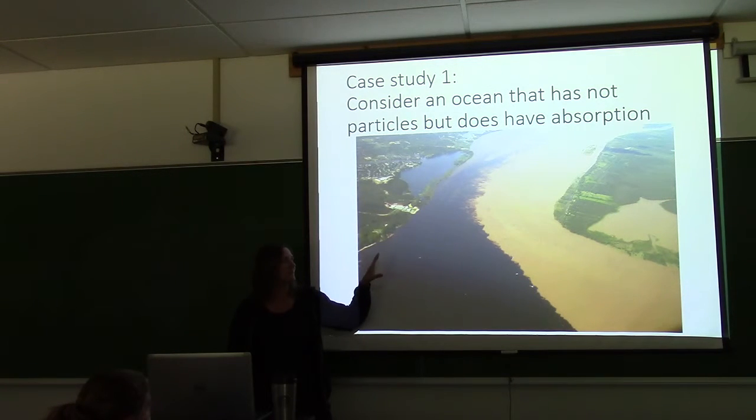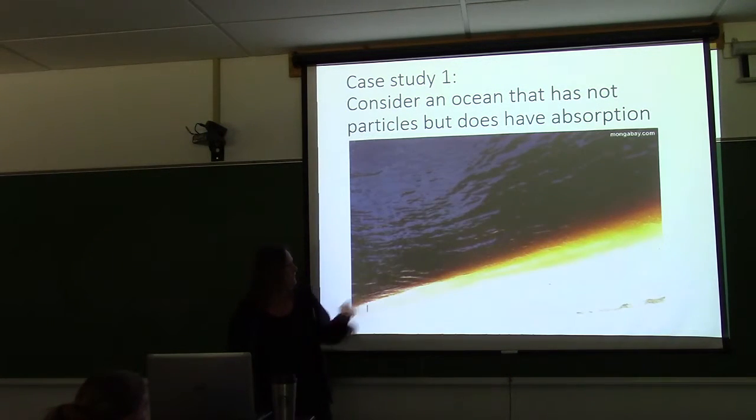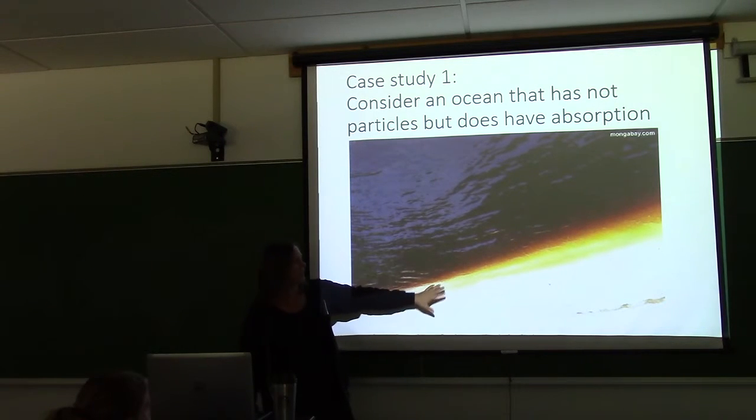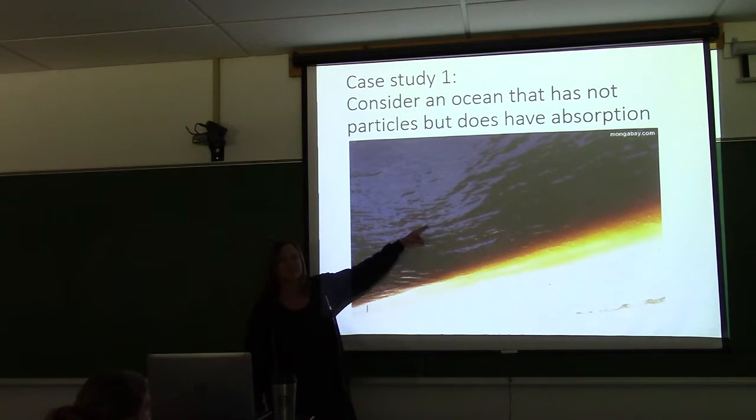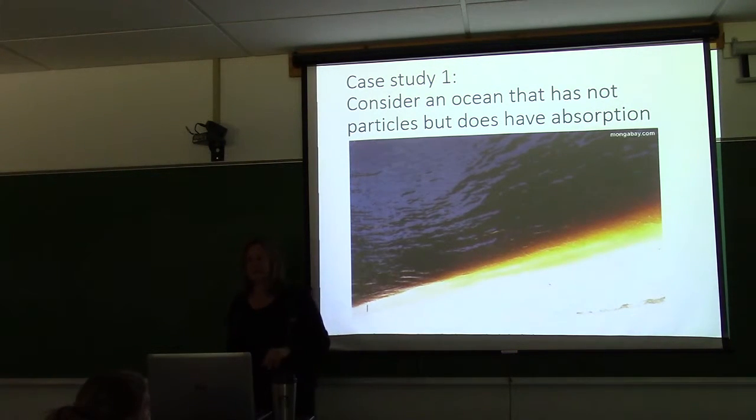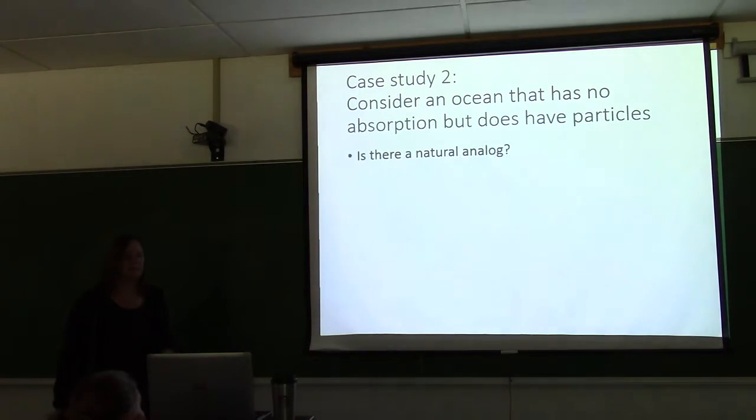So just by looking at this, you immediately have an intuition about what's in the water, just by looking at the color, the brightness, and the intensity of the light coming out. Right? If you get closer, this is what the water looks like. This is the blow up. This is along the shore. But this is what the water looks like. That's a lot of CDOM. Right? So light doesn't penetrate very deep. Okay, so that's one case study.